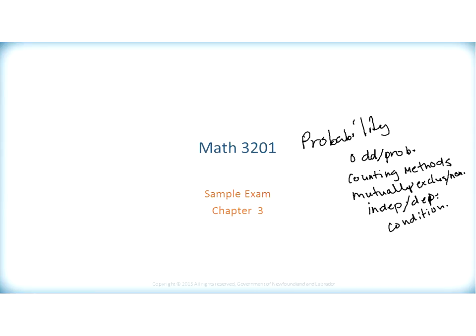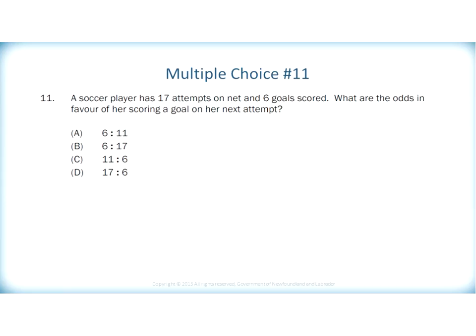So let's have a look. A soccer player has 17 attempts on net and 6 goals scored. So this is the total attempts, and they scored 6 out of 17. What are the odds in favor of her scoring the next goal?